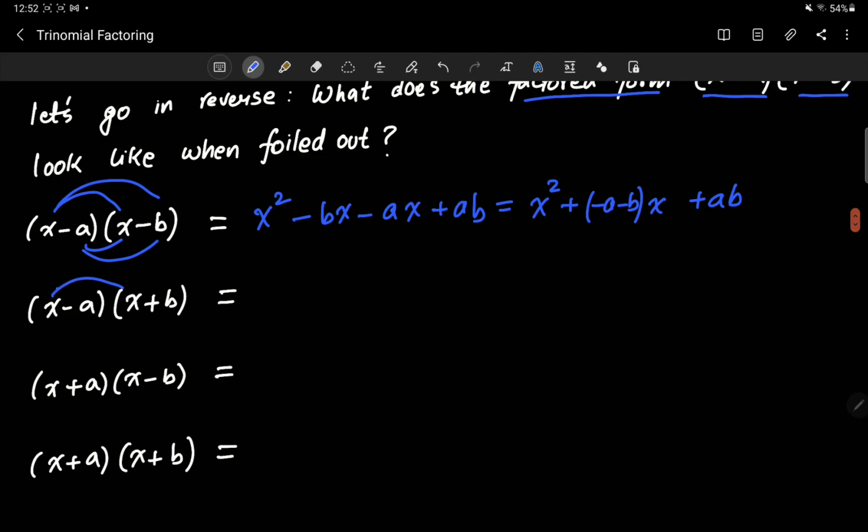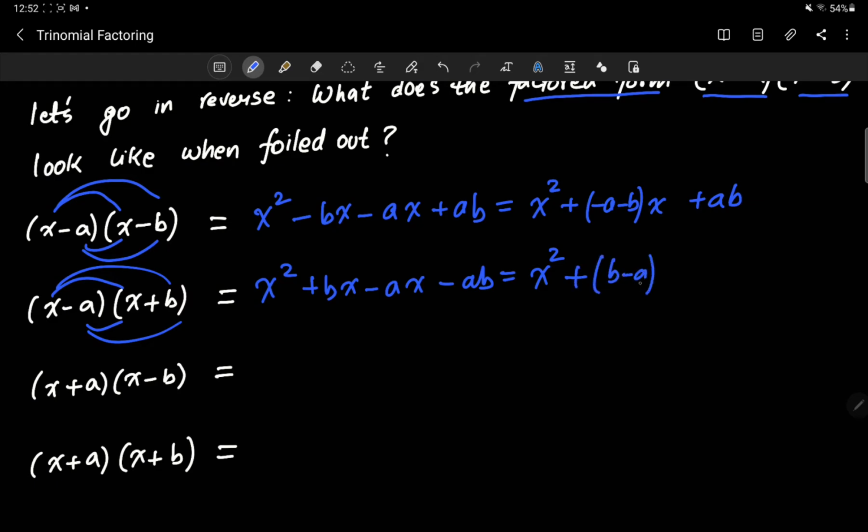Second one, same thing. The only difference is that instead of x minus b, it's x plus b. So you get x squared plus bx minus ax minus ab, which becomes x squared plus (b minus a)x plus negative ab.